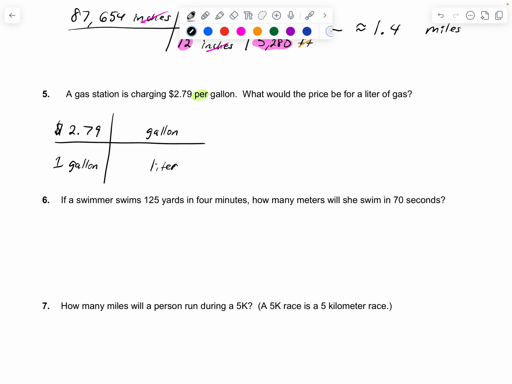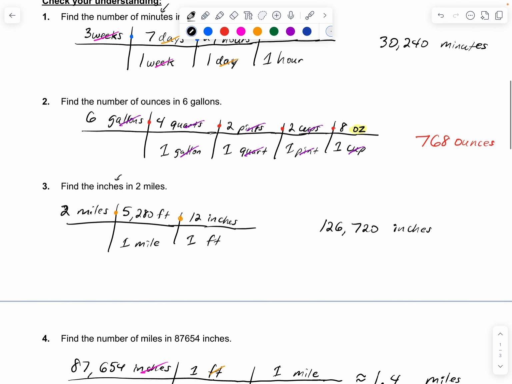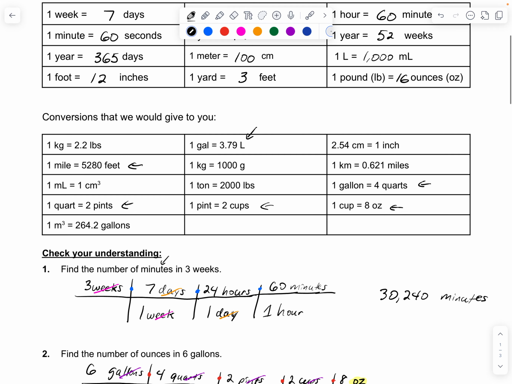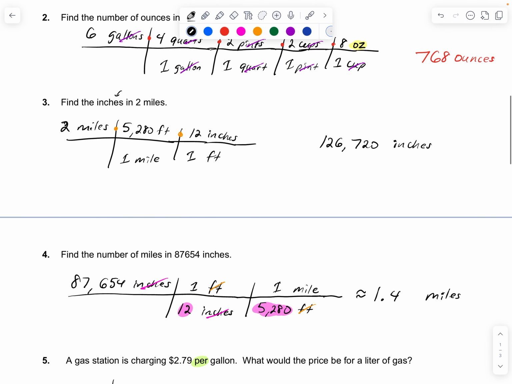Okay, so when I look at my table, I mentioned there's gallons happening in a couple of spots, but I'm back to this one where it says 1 gallon is the same as 3.79 liters.